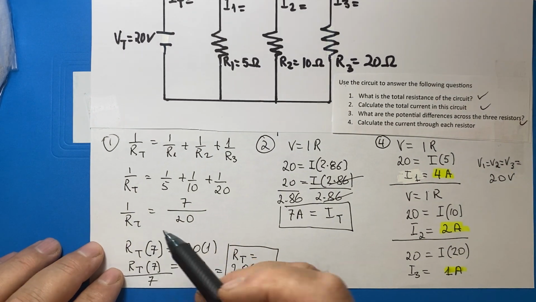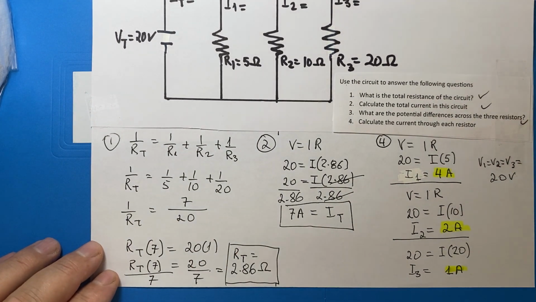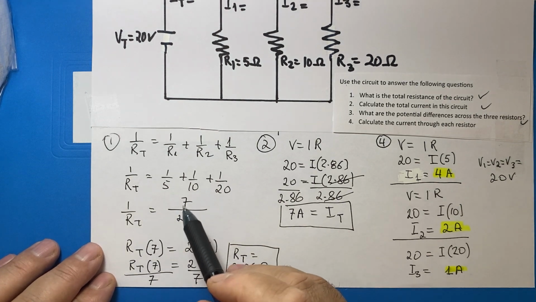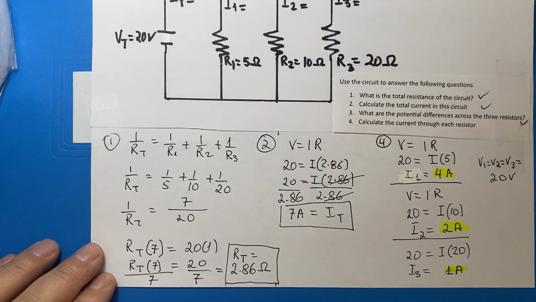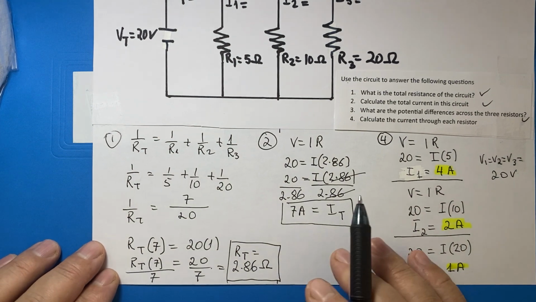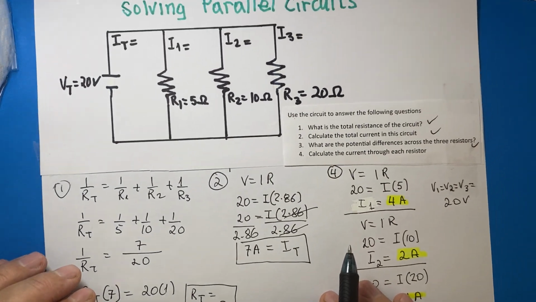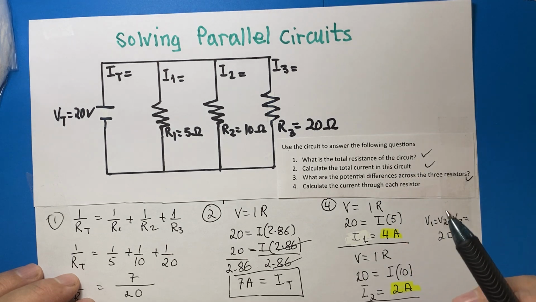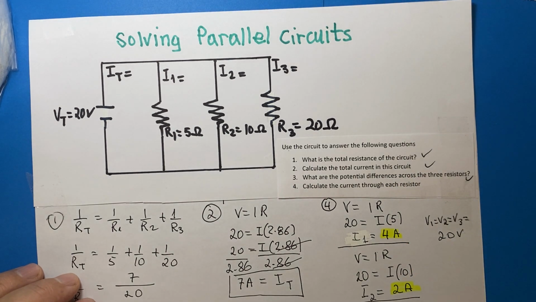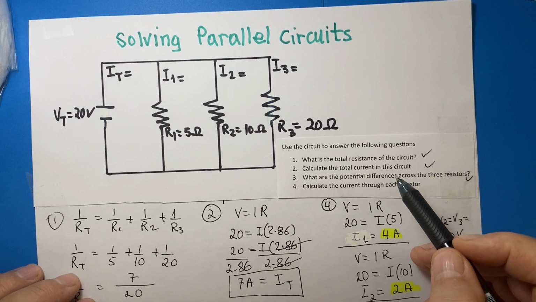So we have a proportion here and you know how to solve a proportion. You cross multiply or use another method. So RT times 7 equals 20 times 1. Then you divide both sides by 7 to isolate RT. And finally, RT is 2.86. Question 2 is calculate the total current in this circuit.